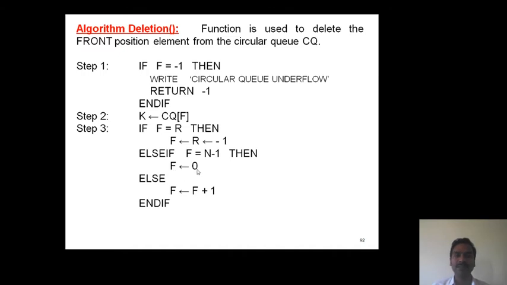F is set at the 0th location. Else, F is incremented by 1. So F equals F plus 1. And now the deleted element is available in K, hence return K.